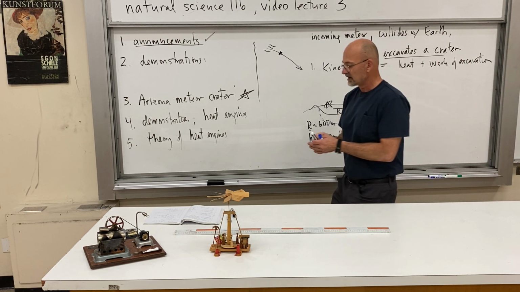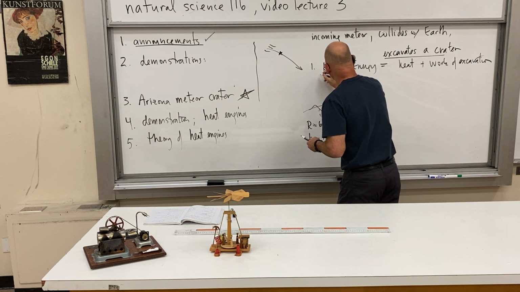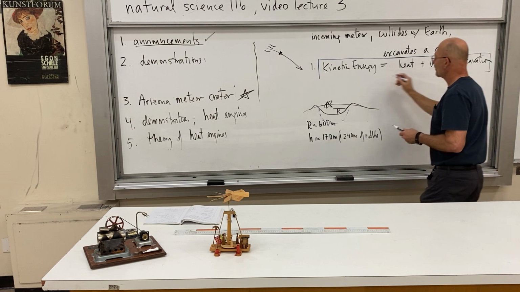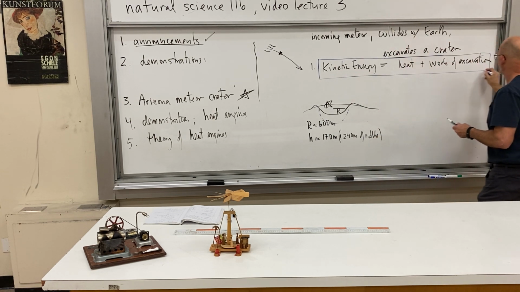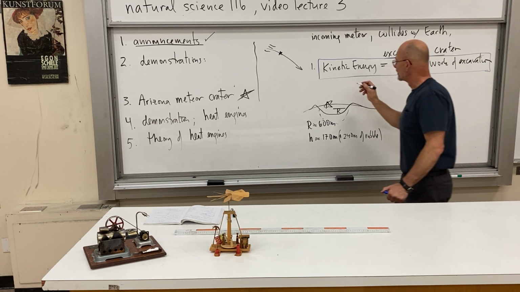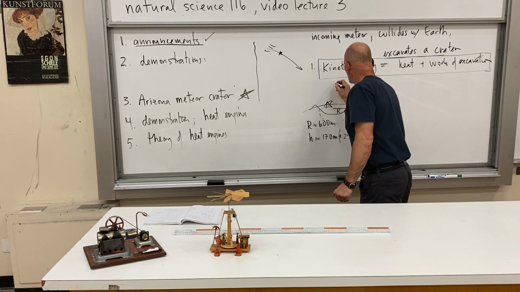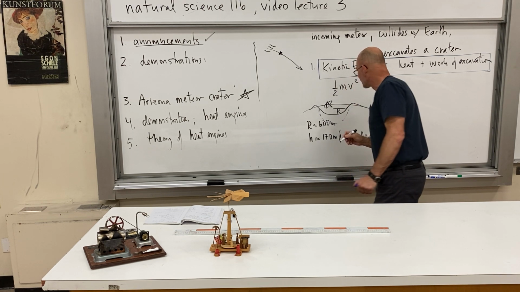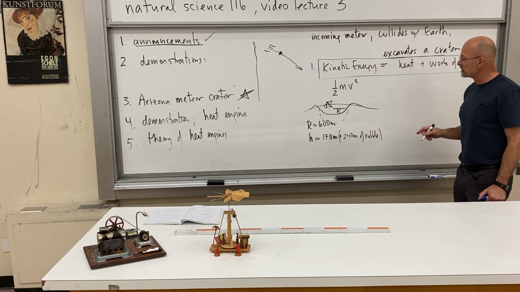Okay. Put a blue box around that. There we go. So now what we want to do is convert that into symbols that we've learned. So I will say I have 1/2 mass v squared. That's the kinetic energy of the meteor.